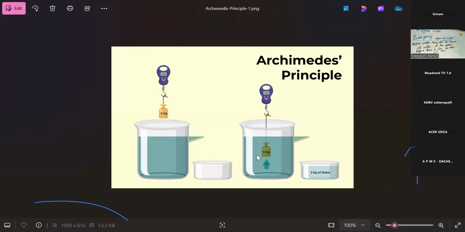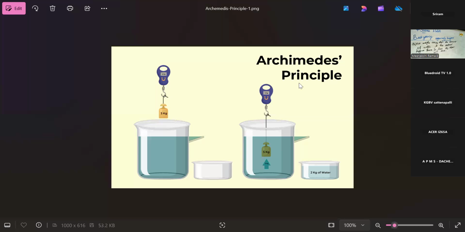Do you understand the concept? Say we take two containers. We immerse different weights: in the first container I immerse 5 kg, and in the second container 2 kg. In each case the same weight of water is displaced and comes out of that place.